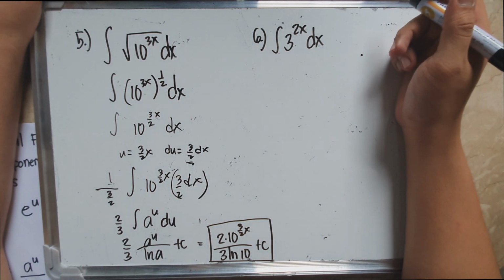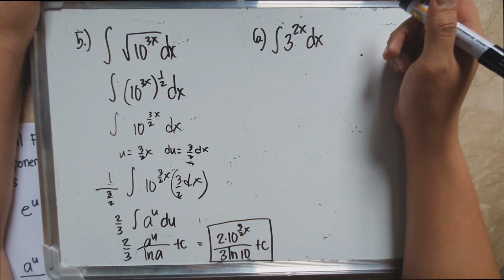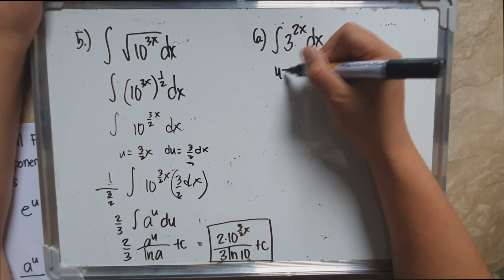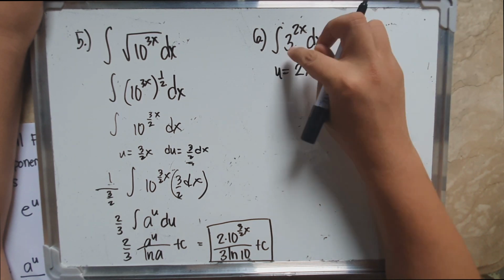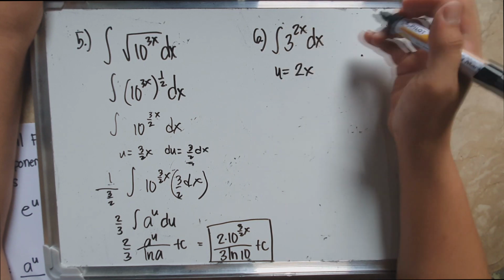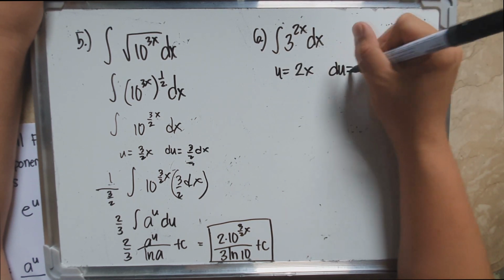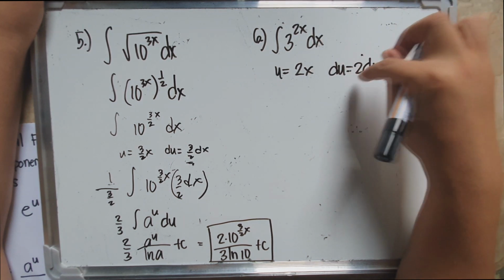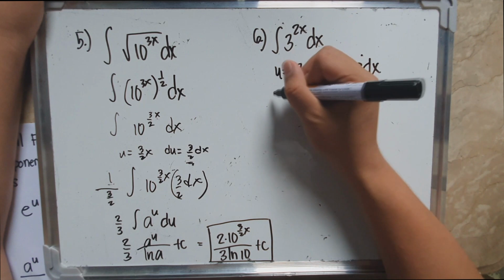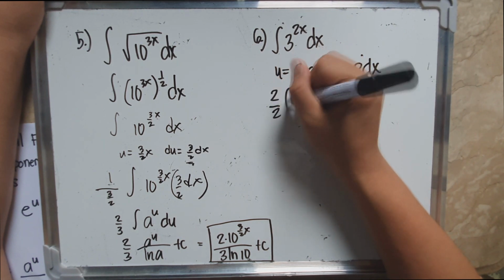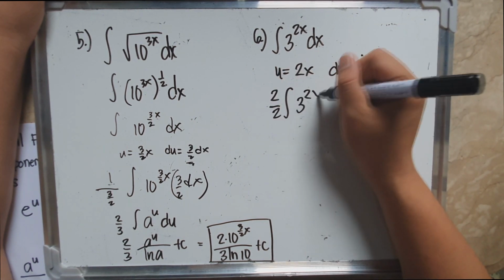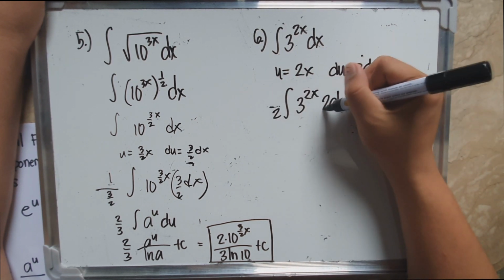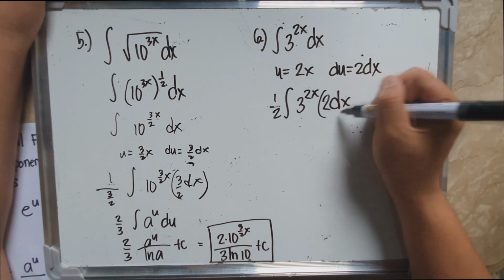Now solving number 6, we have integral of 3 raised to the power of 2x dx. The u is very obvious, 2x. A raised to the power of 2x. The du, it's 2 dx. We already have dx, we need to supply this one with 2. So correcting, 2 over 2, integral of 3 to the 2x dx. Writing the numerator 2 inside, this will now become 1.